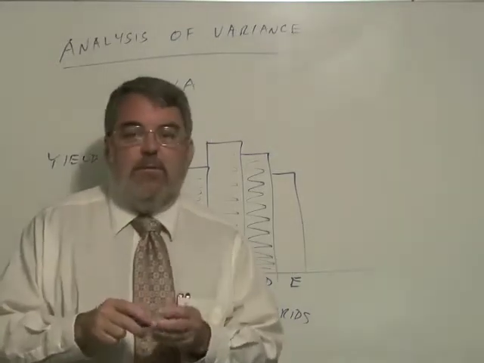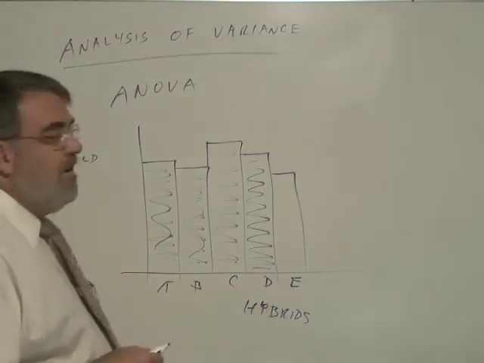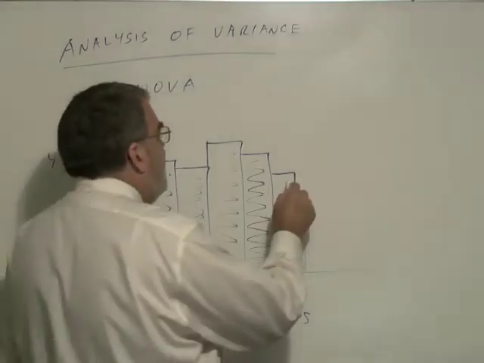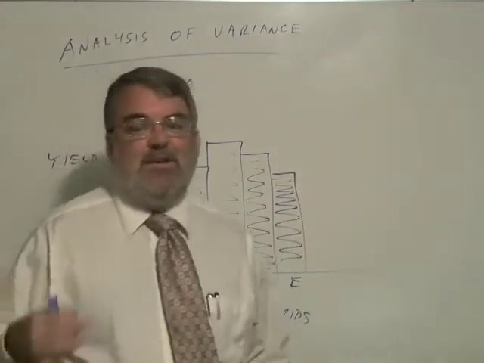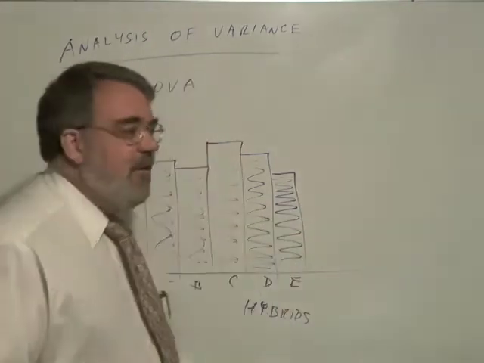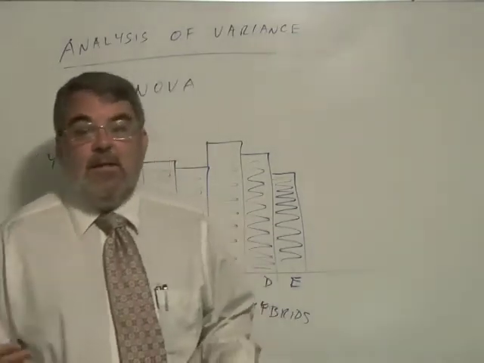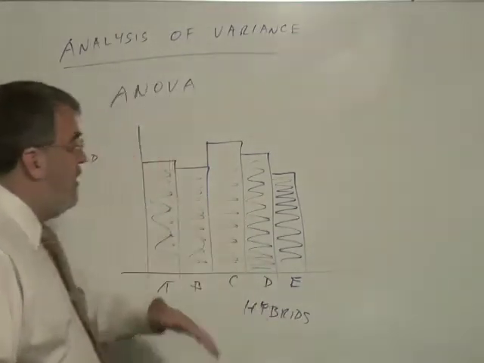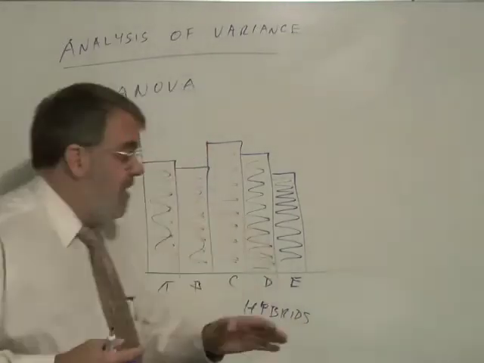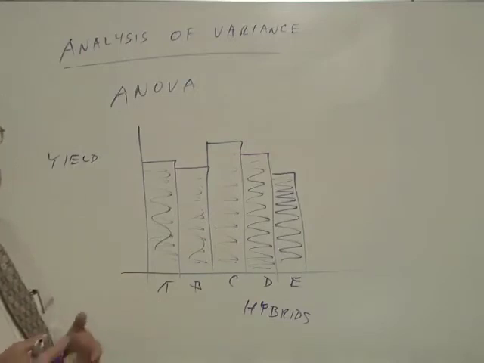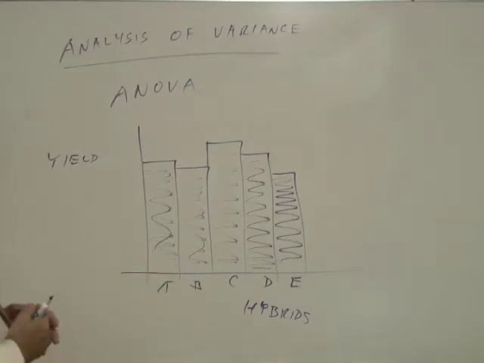Obviously if you gave hybrid A more water than hybrid D, then it may grow better. So if you keep the amount of water controlled, they get the same amount of water. By controlling all the variables possible, the only thing left that could cause a variation in yield or output would be either the hybrid or some kind of random factors. There's still some randomness to all this.